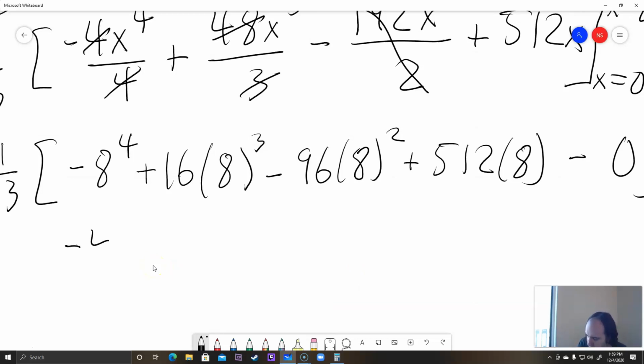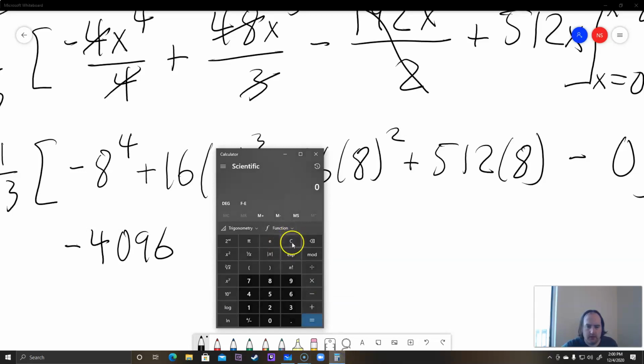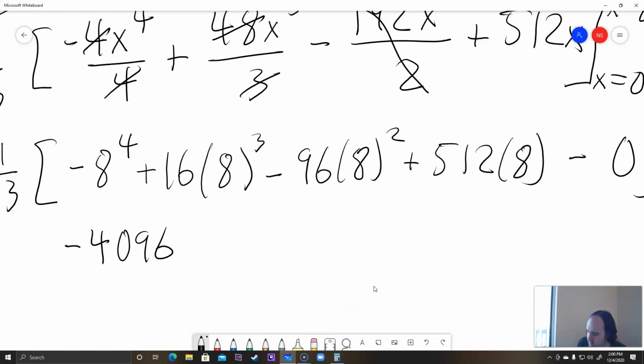So here we have negative 4,096. And then we have 16 times 8 cubed. 8 cubed is 512, times 16 is 8,192. So we have plus 8192.